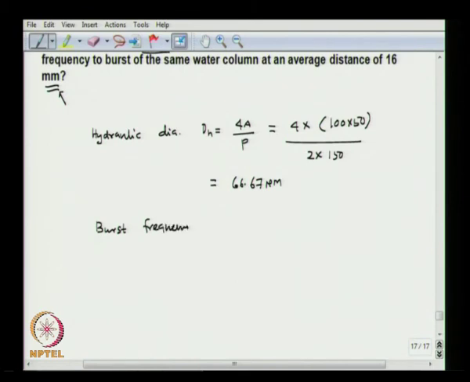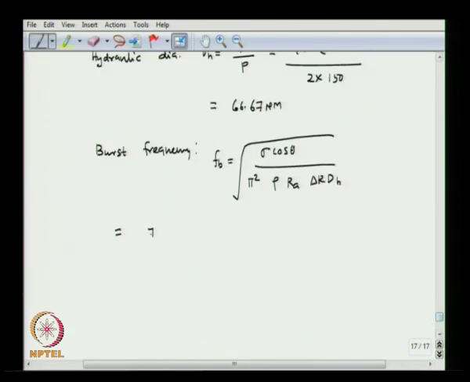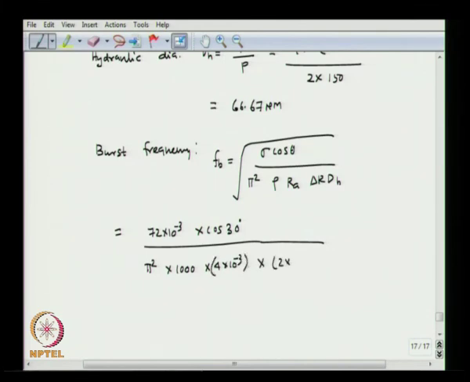We have the formula for the burst frequency. FB is sigma cos theta divided by pi square rho R-bar delta R into the square root of dH. So, you can substitute the values: 72 into 10 to the minus 3 into cos 30 degrees, where 30 degrees is the contact angle, pi square into 1000 into 4 into 10 to the minus 3 into 2 into 10 to the minus 3.